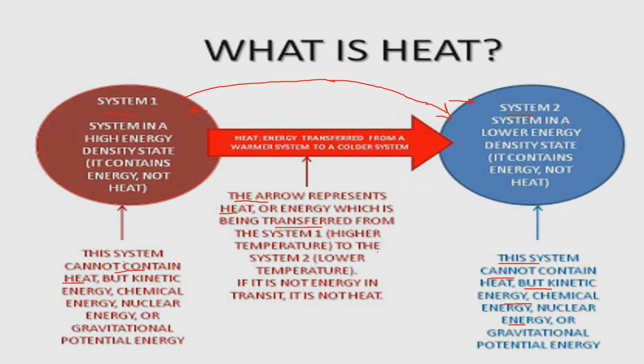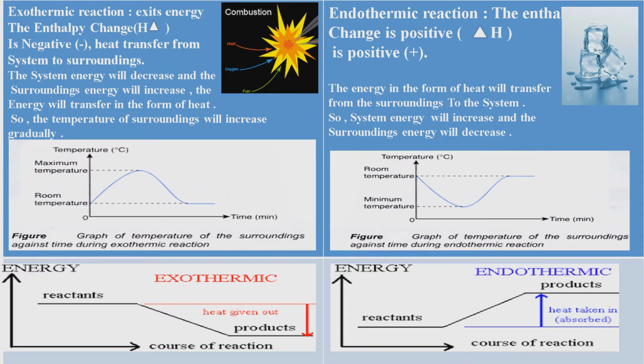Now we will start explaining the meaning of exothermic reaction and endothermic reaction. At first, in exo, exo means exits. An exothermic reaction exits energy. So in our reaction, the system will give energy to the surroundings.